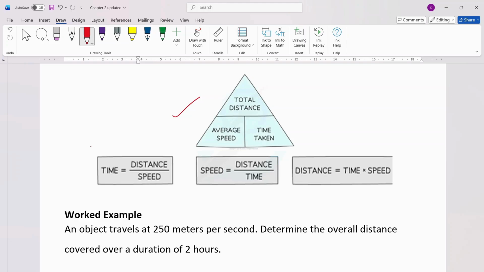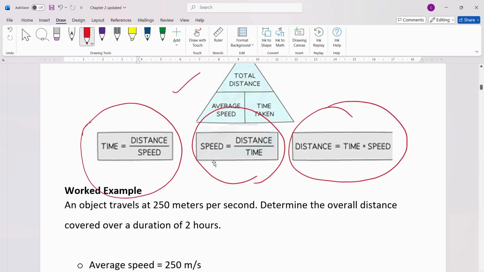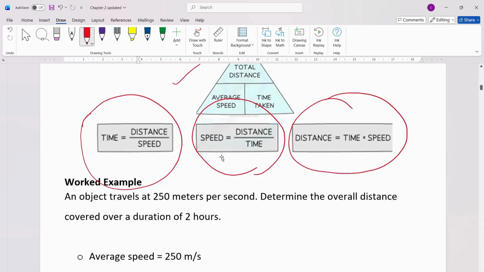How can we use it? Time is equal to distance over speed. Speed is equal to distance over time. And distance is equal to time times speed. You can use these formulas to calculate as per the requirement of the question, if they ask you for time, speed, or distance.